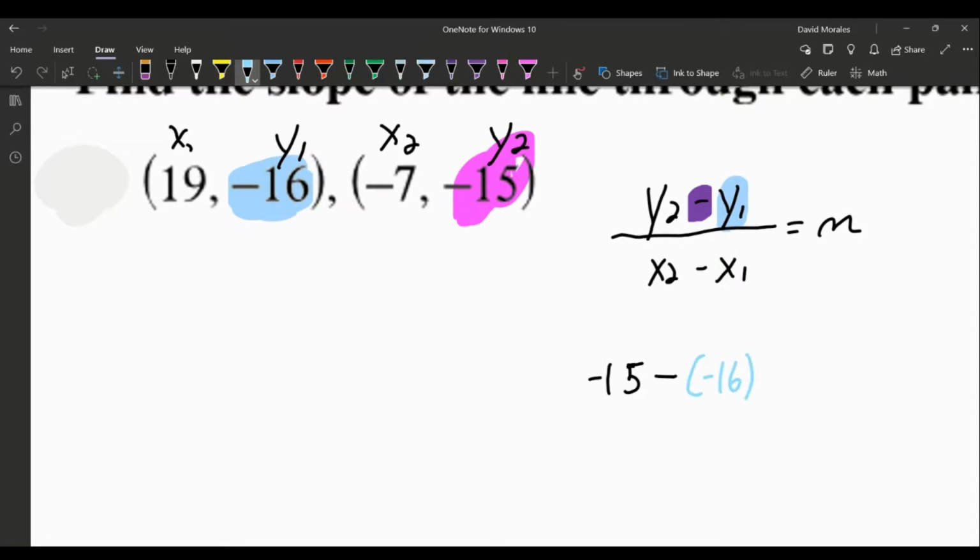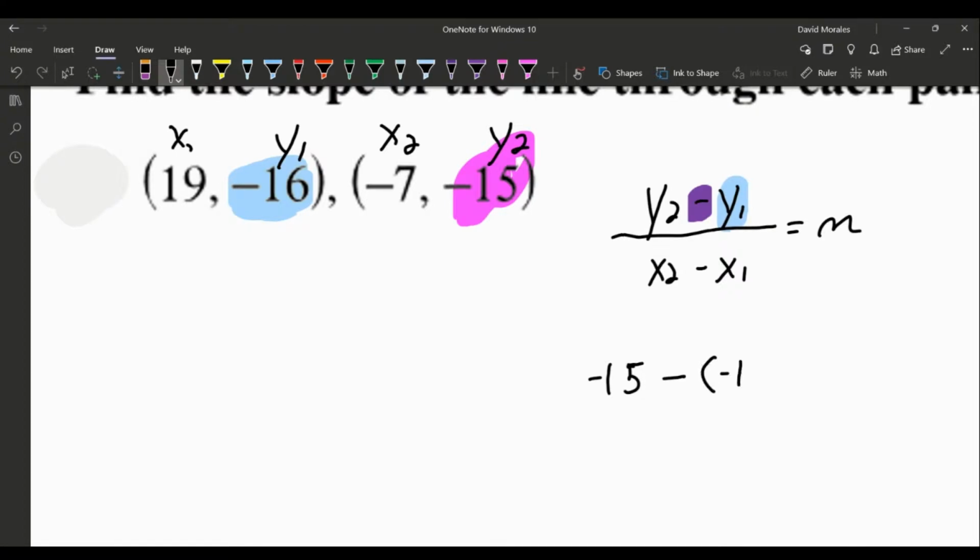Okay. So this is very important. If you notice, you have a subtraction, right? But what are you subtracting? You're subtracting a negative number. Okay. So don't ever make the mistake where you do this. Minus 16. No, no, no. You put the minus first. You put the minus first.